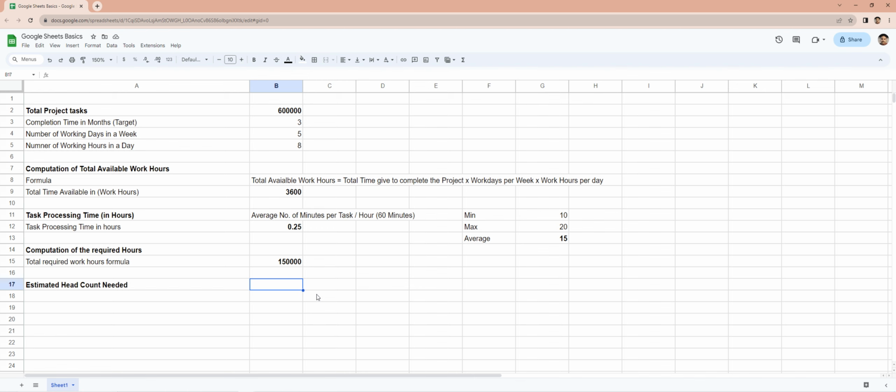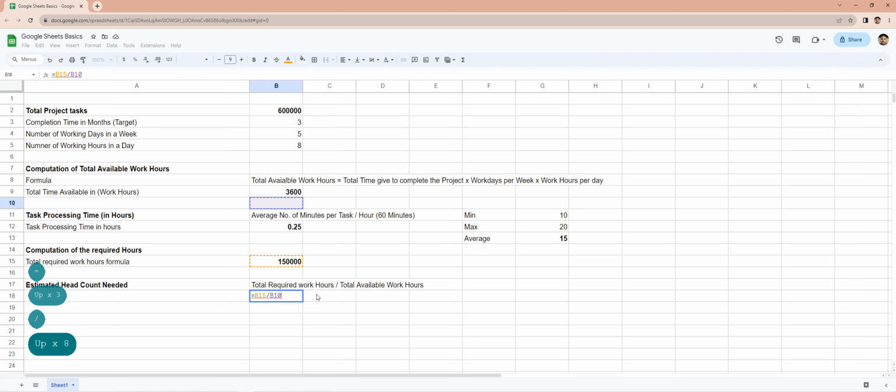So let me write the formula here: total required work hours divided by total available work hours. The total required work hours I have here in B5, divided by the total available work hours which we have.